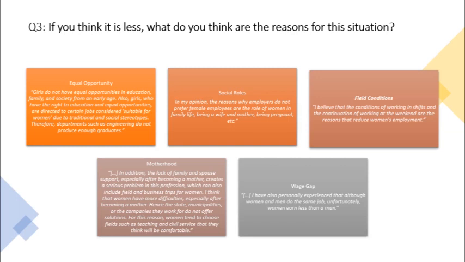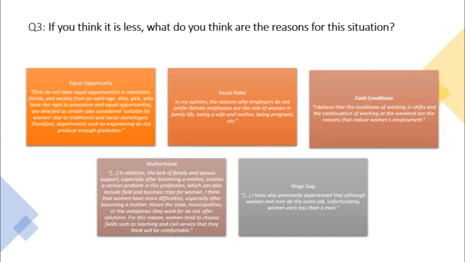One of the answers was about equal opportunity. In Turkey, our constitution gives equal rights to education for girls and boys. But in reality, girls do not have equal opportunity in the education process.